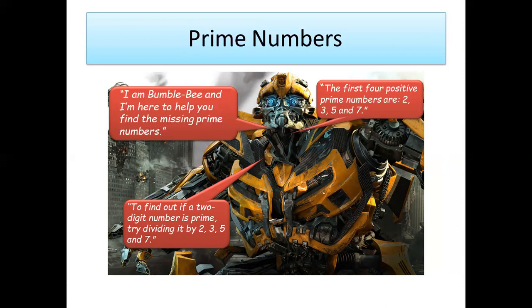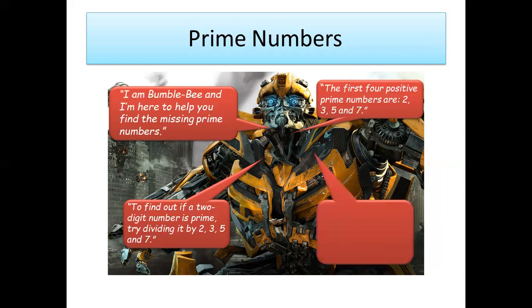If it's not divisible by 2, divide by 3. If not, divide by 5. If not, divide by 7. If it's not divisible by any of the four numbers, it's a prime number. That's a way to find out if a big number is prime. If these numbers are not factors, the number is prime.